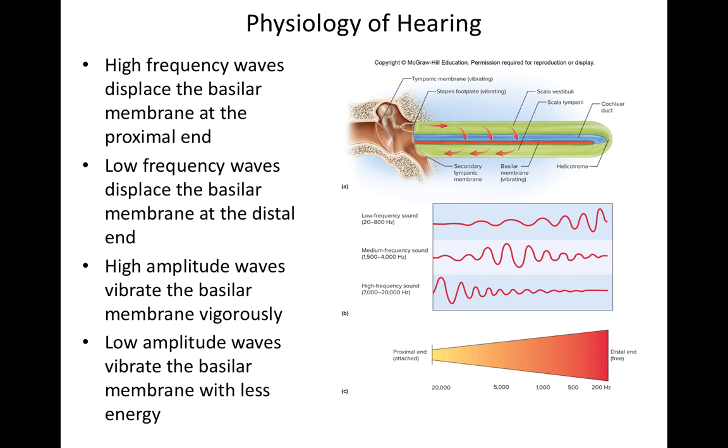This is where we have to be careful about sounds that have too high of a decibel. If there is too much energy in the sound that comes through, the hair cells can get pushed up into the tectorial membrane with so much force that they break. And these are neurons, so they're not going to fix themselves. This is how we damage our hearing. And we generally damage it at certain frequencies.